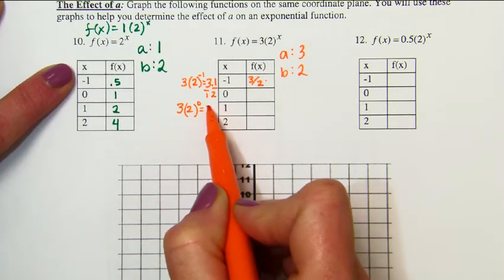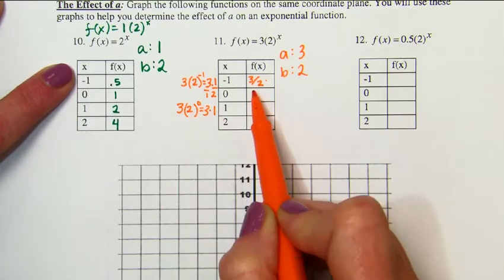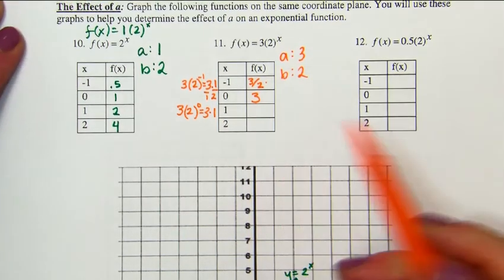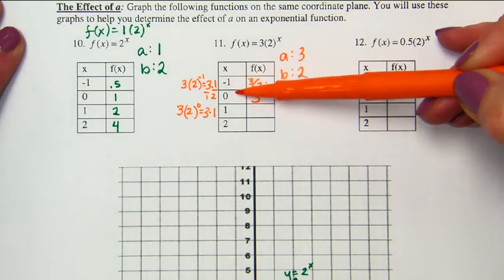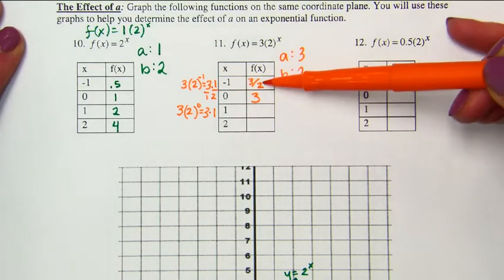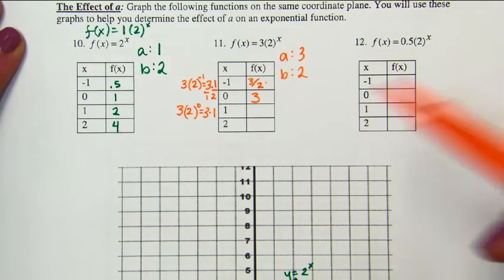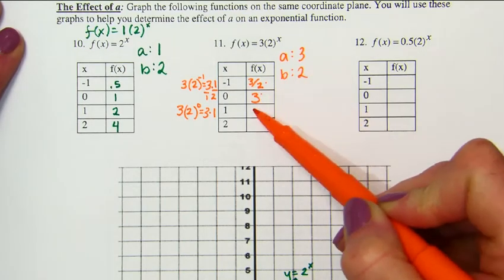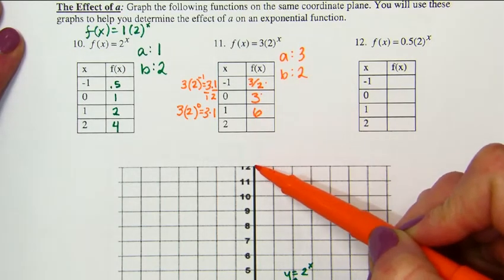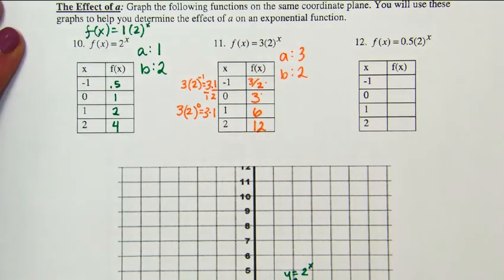This becomes 3 times 1, because anything to the 0 power is 1, and I get 3. So this is still following our geometric sequence, right? As my x increases by 1, I'm using my ratio to change my y. So I can correctly assume that if I multiply 3 by 2, I'll get my next point. 6 times 2 is 12. That's my next point.